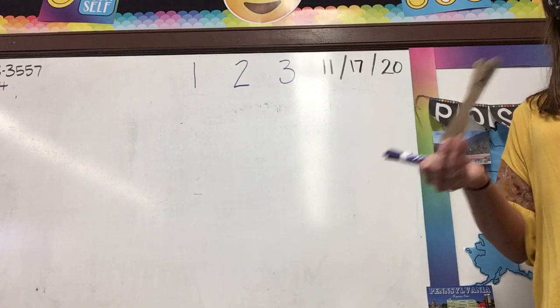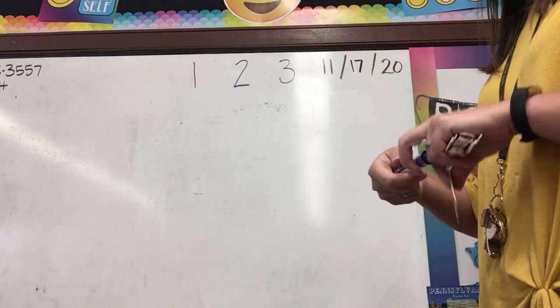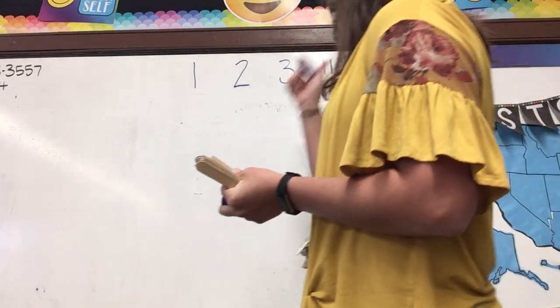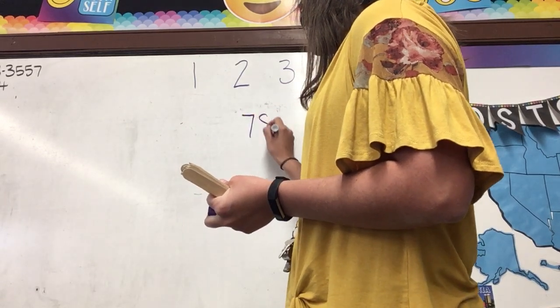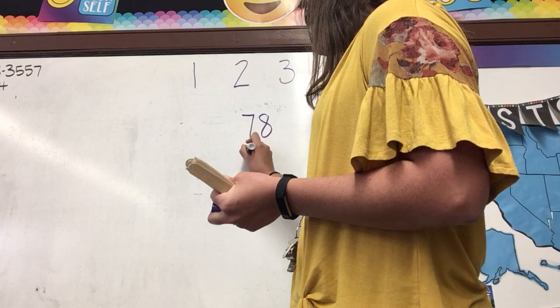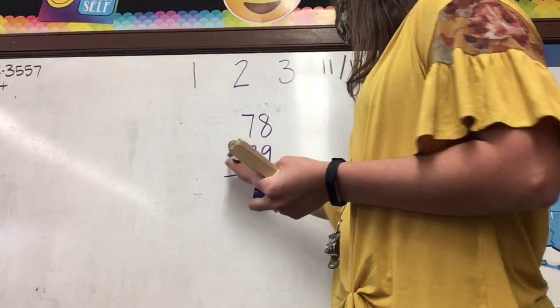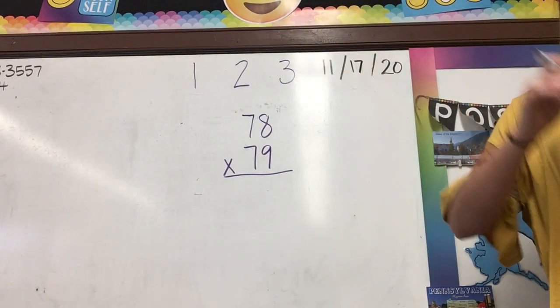Riley and Cordell. Riley, what's a number? 2 digits. Okay, 78. Cordell? 79. Ooh. They're making it tough on us. Yeah, they are. It's okay.